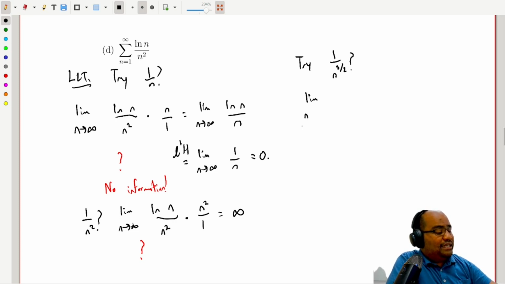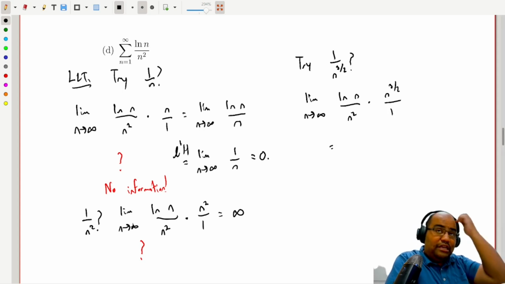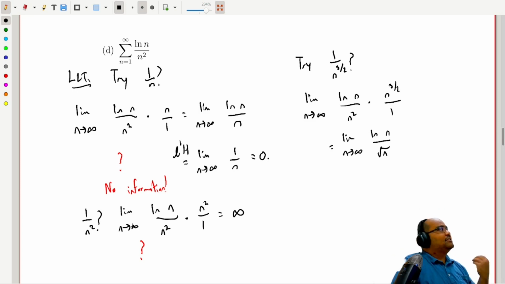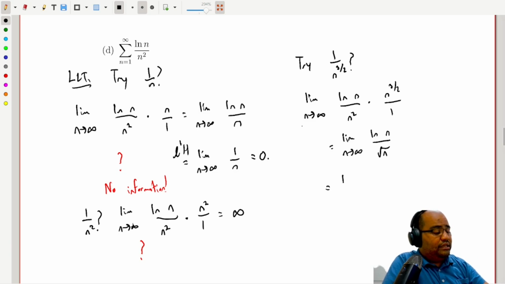Let's go ahead and try that. So once again, the limit as n goes to infinity of log of n over n squared times n to the 3 halves over 1. When you do the work here, you'll have log of n over the square root of n. This is another case where we have to use L'Hopital, infinity over infinity, so we take the derivatives appropriately.